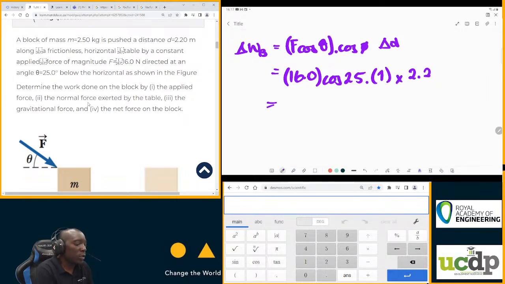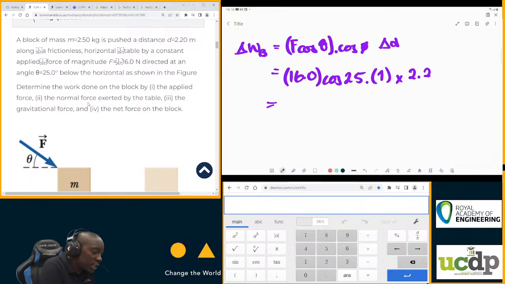So what do you get from there? 16 times cos 25 multiplied by 2.2 gives 31.9.